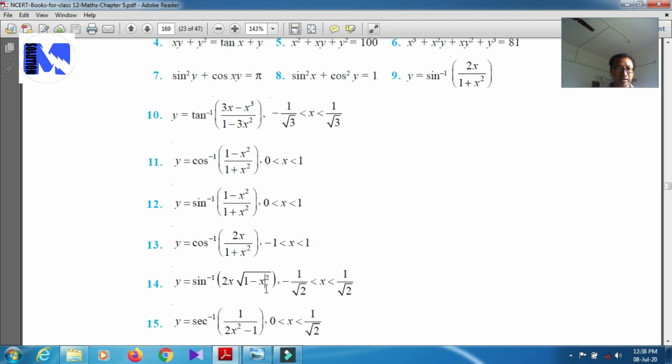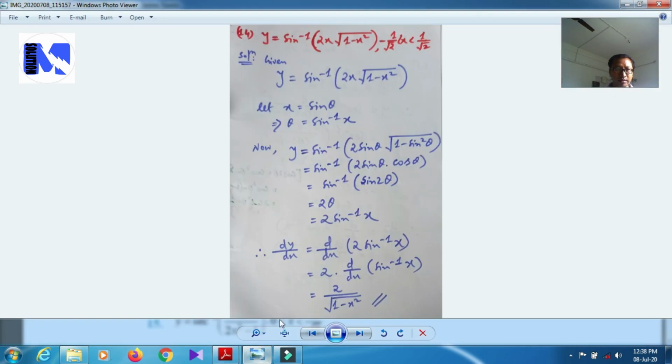So x equal to sine theta will definitely help us. You can even take x equal to cos theta also, because 1 minus cos square theta will give us sine square theta, which will become sine theta. So no problem, we can take either x equal to cos theta or x equal to sine theta. I have taken it here as sine theta.